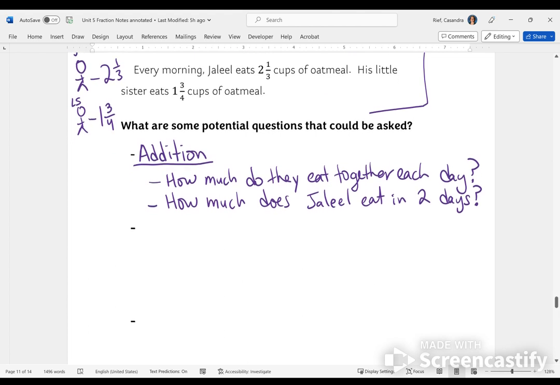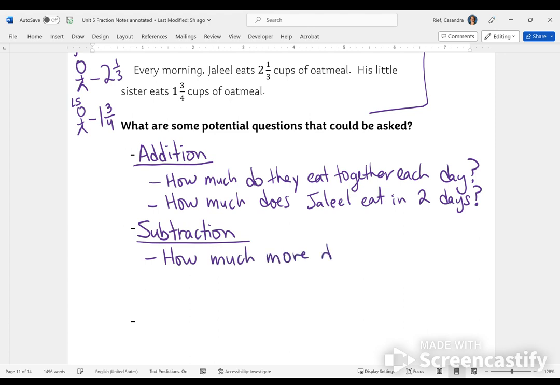If I could be asked an addition question, another type of question I could be asked is a subtraction question. Subtraction questions are great for showing the difference between two things. So maybe I could ask, how much more does Jaleel eat than his little sister?